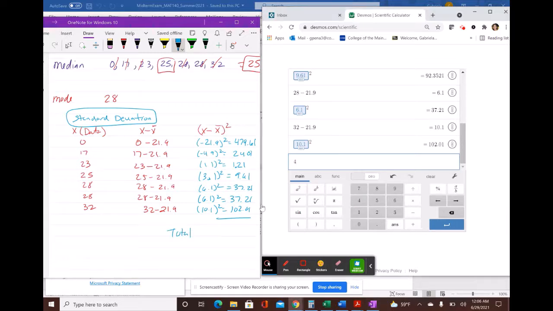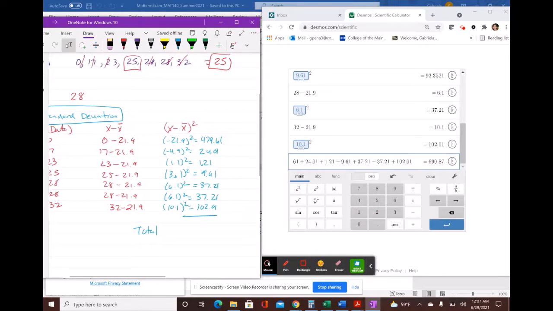So I have 479.61 plus 24.01 plus 1.21 plus 9.61 plus 37.21 plus 37.21 plus 102.01. So when I get that total, I get a total of 690.87.